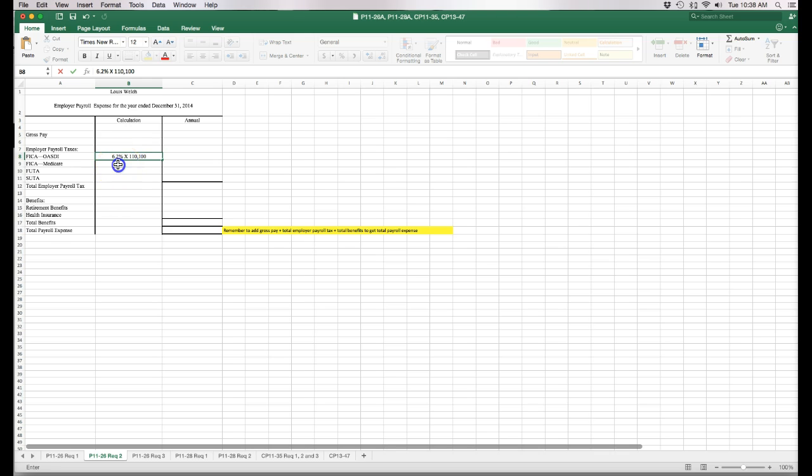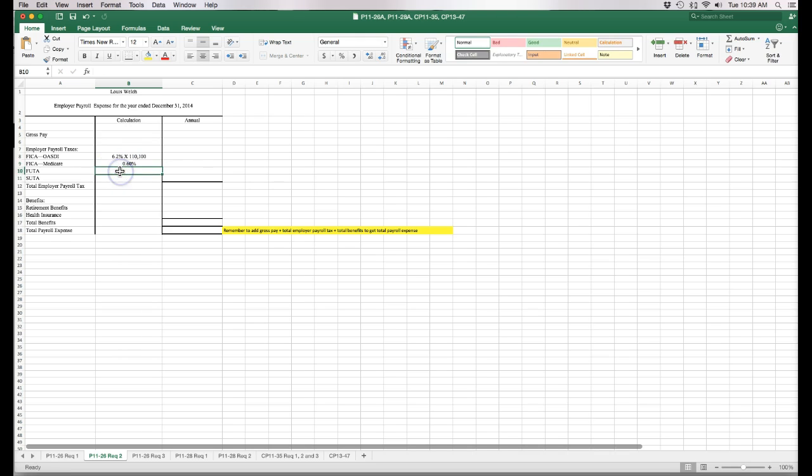Your FICA Medicare is going to be 0.6% on the full amount, the total gross salary. Again, there's no maximum of $110,100. It's on the total gross salary. So it's 0.6% times the gross salary.